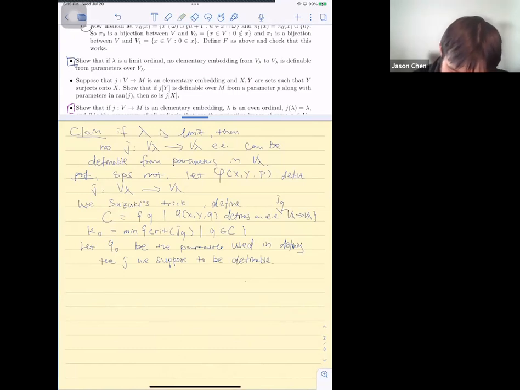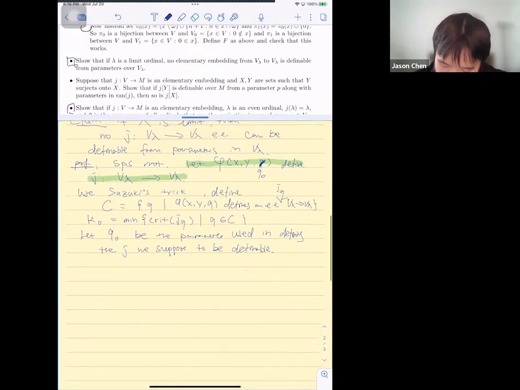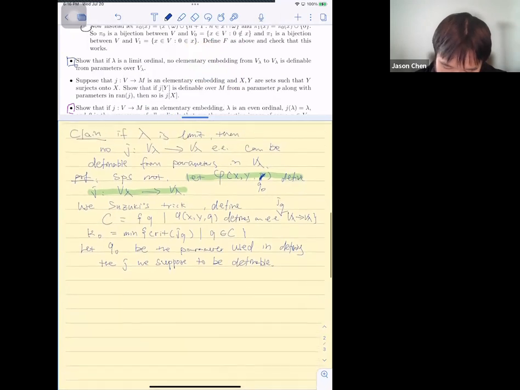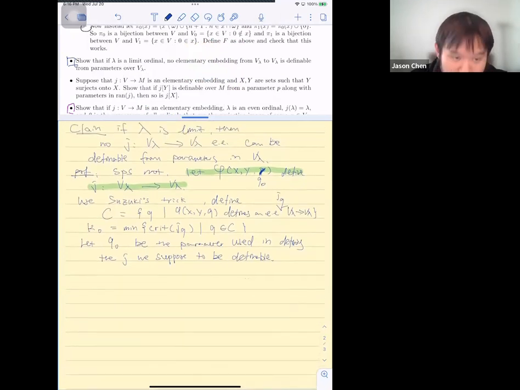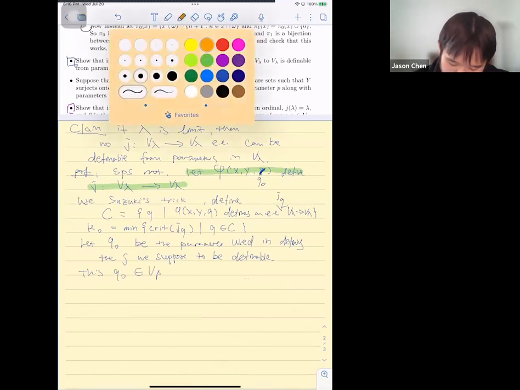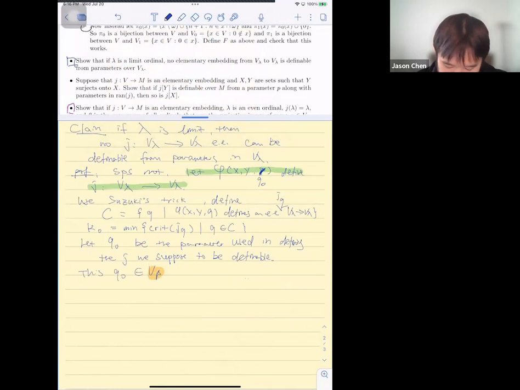What I mean is, here we're supposing that some elementary embedding is definable. So instead of writing P, I write Q0, just to be consistent with all the notations. Now, this Q0 is going to be in some V beta. We're going to use this V beta later.